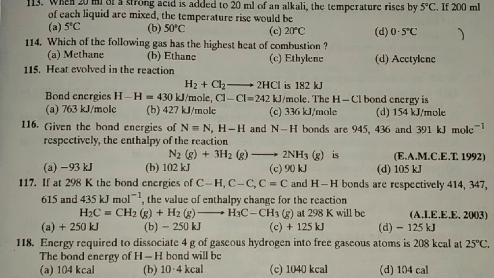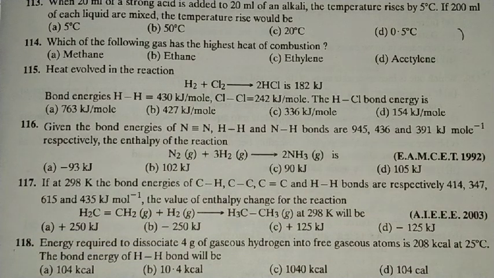Right. Look at the next question. Given the bond energies, again bond energies based. Given the bond energies N triple bond N, H-H and N-H bonds are 945, 436 and 391 kilojoule per mole respectively. The enthalpy of the reaction N2 plus 3H2 gives 2NH3.